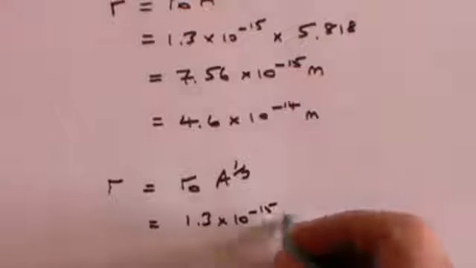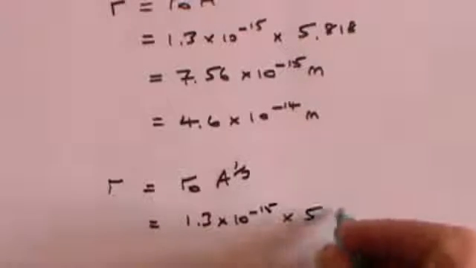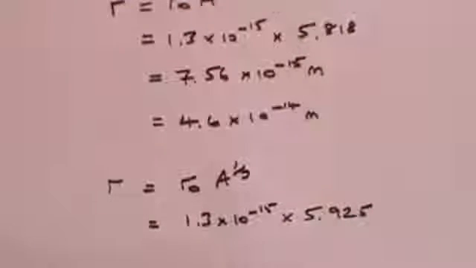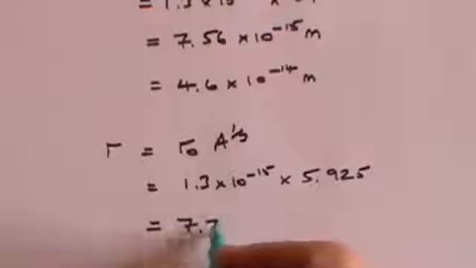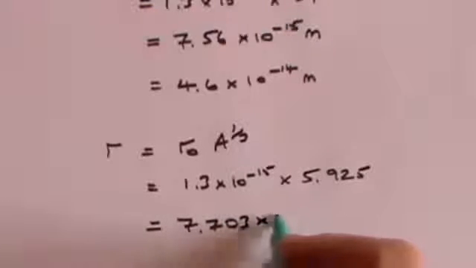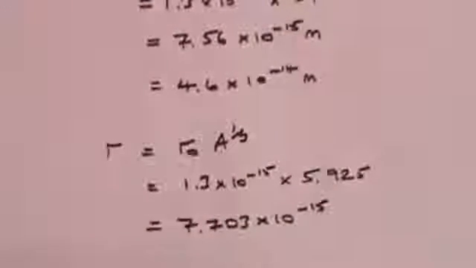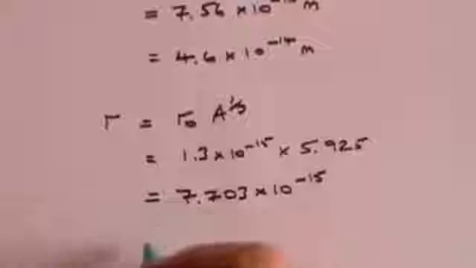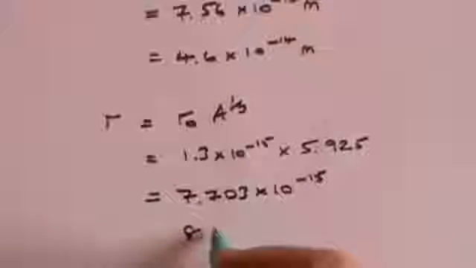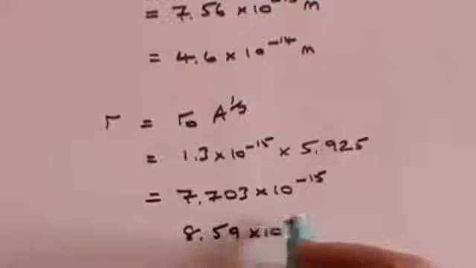The cube root of 208 is 5.925. And if you multiply that, you get 7.703 times 10 to the minus 15 meters, whereas when we did the experiment earlier using alpha particles, we got 8.59 times 10 to the minus 15.